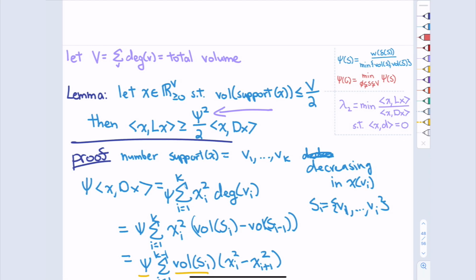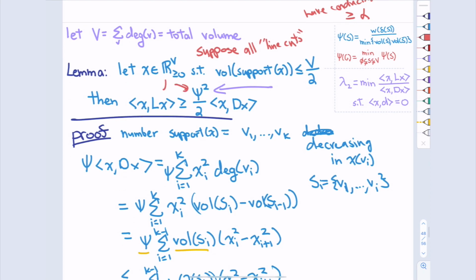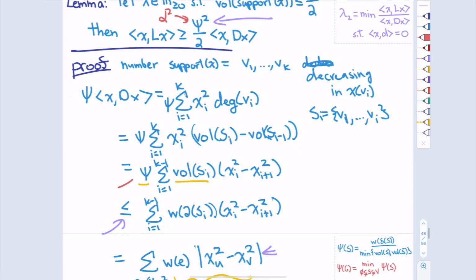But suppose all of those sets, I'll call them line cuts, have conductance at least some parameter alpha. Then this would have become an alpha squared, right? It would just get plugged in, and phi becomes alpha. Phi was an obvious lower bound because that's the conductance of the whole graph, but maybe it's something bigger like alpha. So that's the best conductance you get from any of your line cuts.